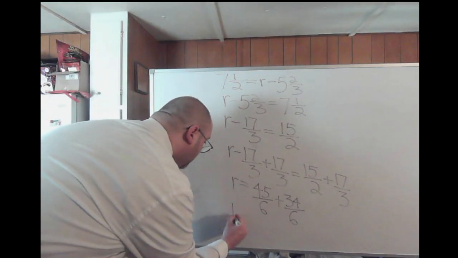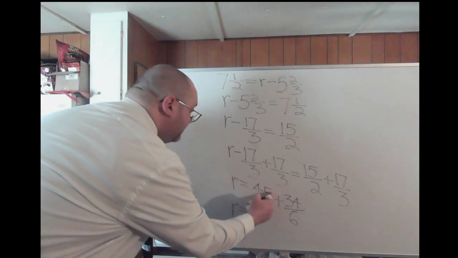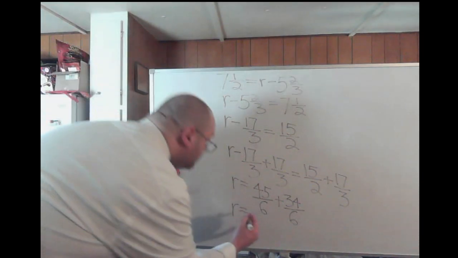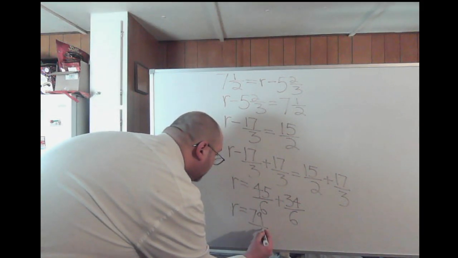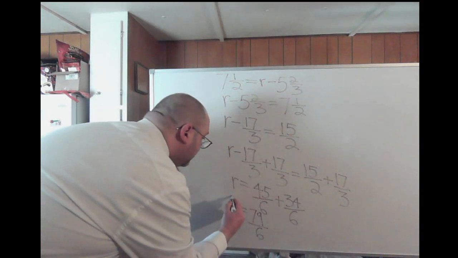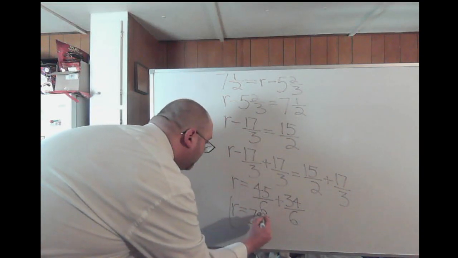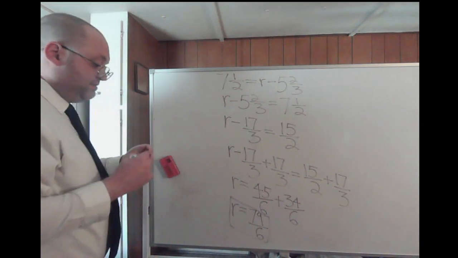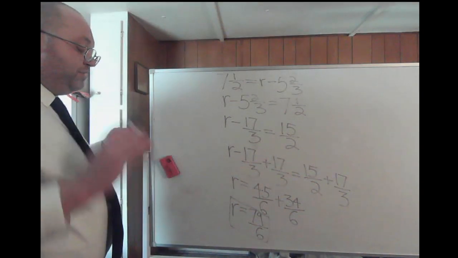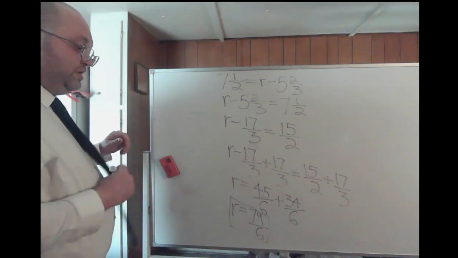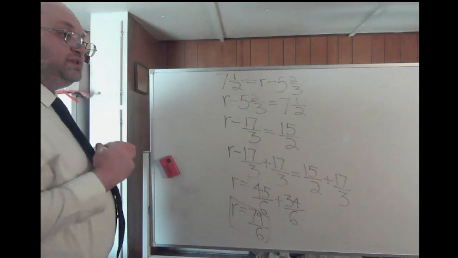So r would equal 45 plus 34. That's going to be 79/6. You would get 79/6 for one answer. That's acceptable as an improper fraction. But you also want to get a mixed number. So how many times does 6 go into 79?